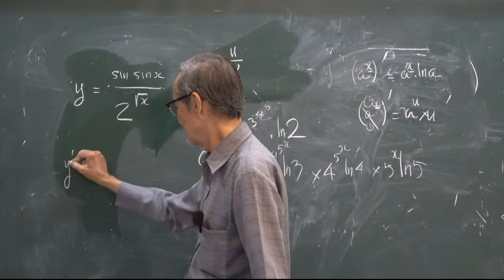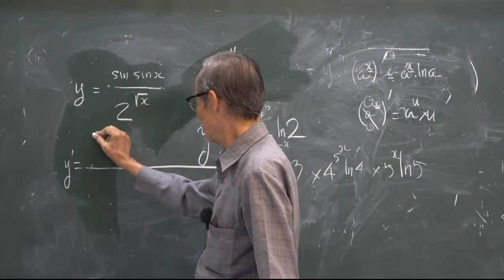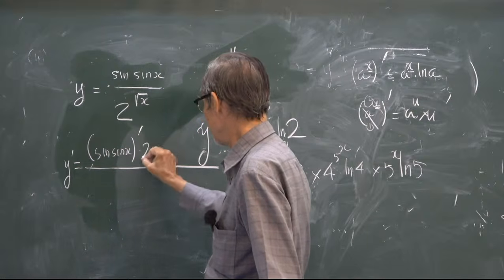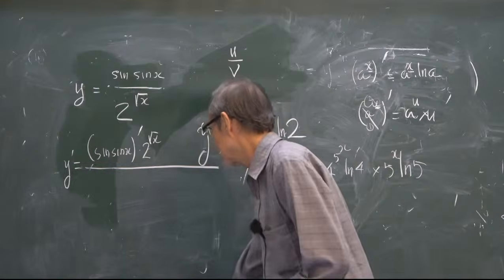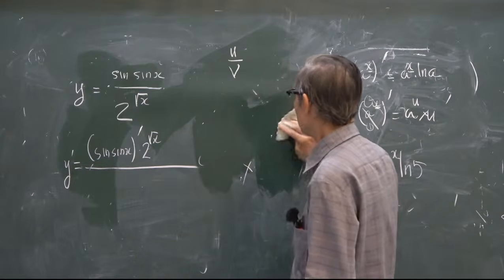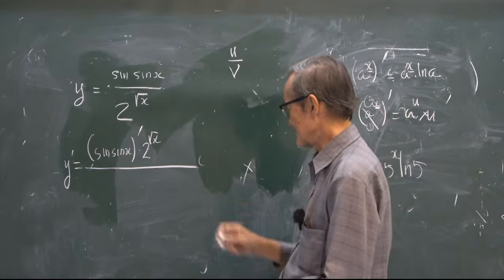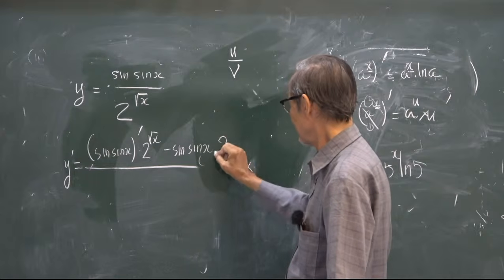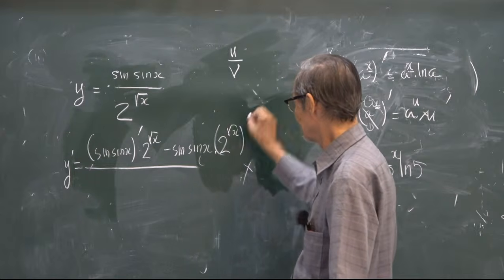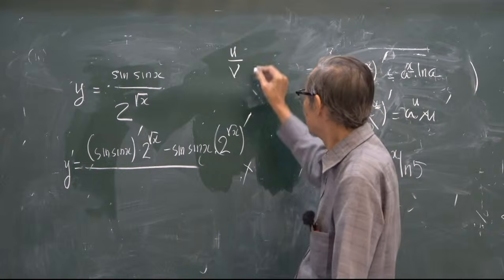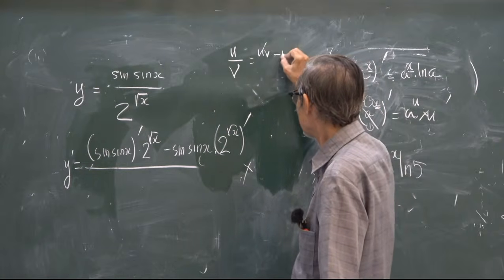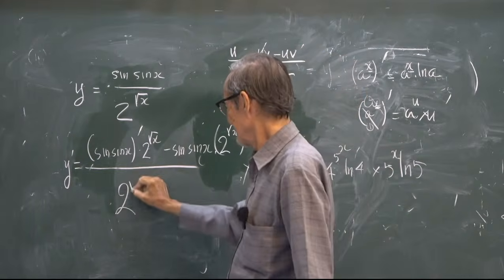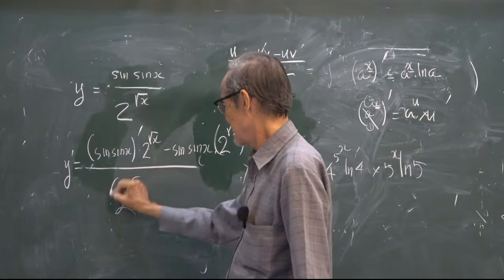We have (u prime v minus u v prime) over v squared.